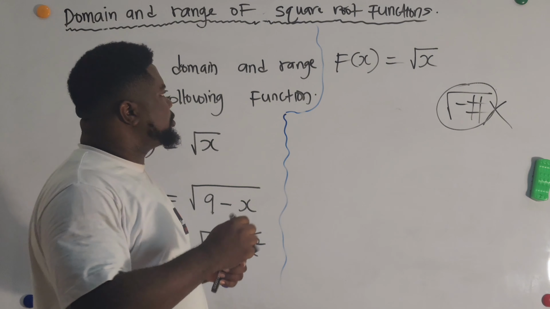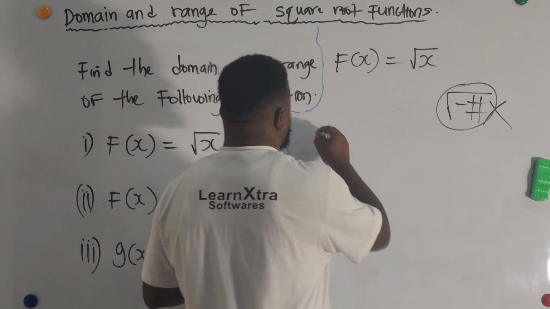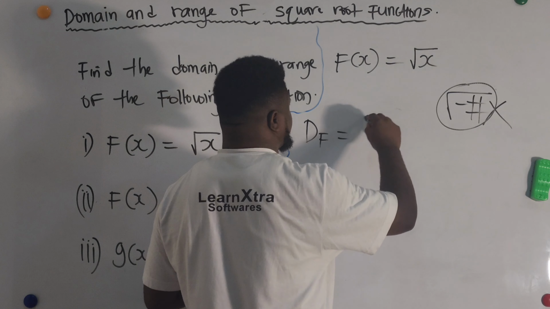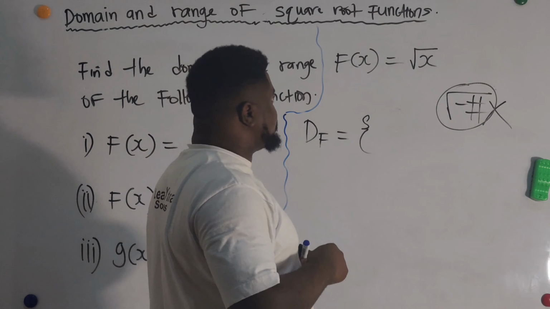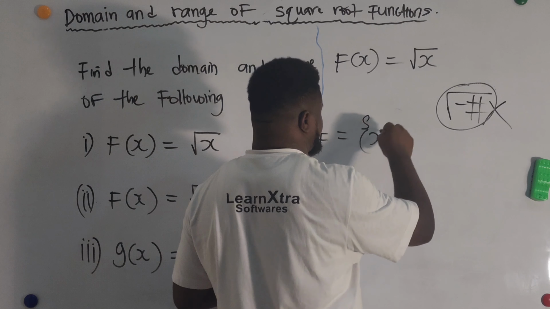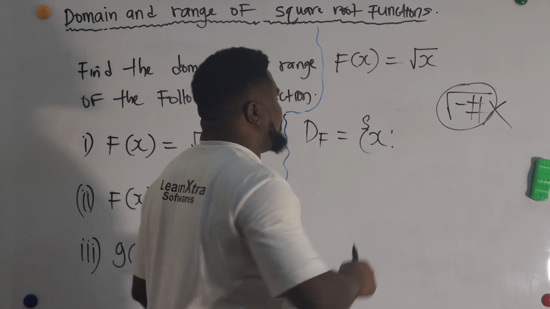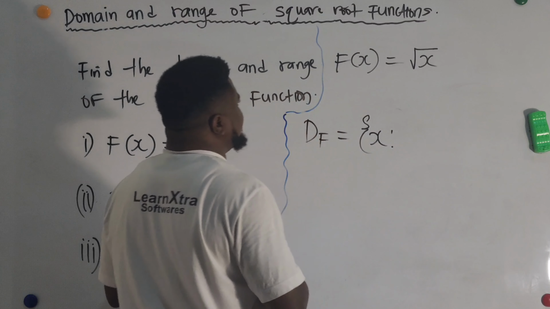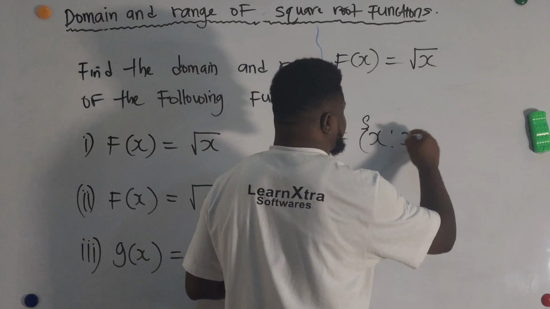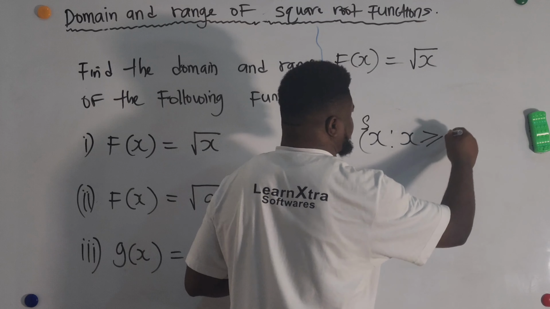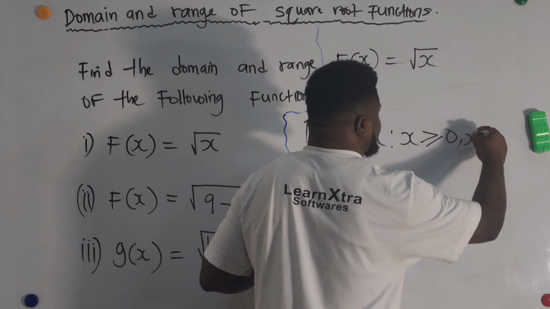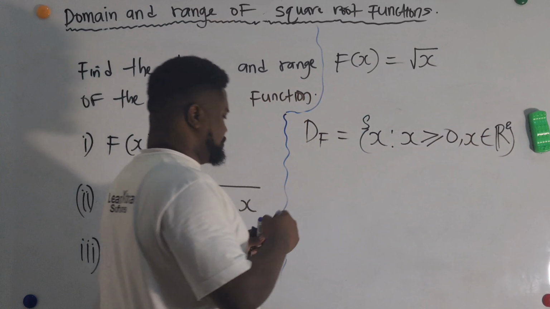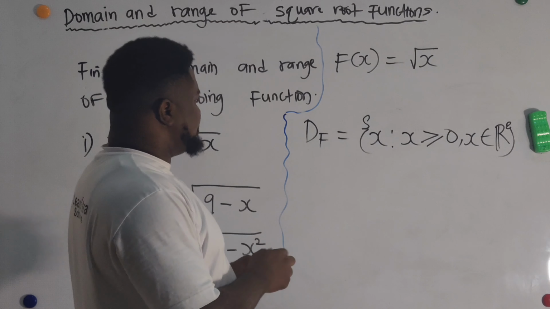So my domain, D sub f, is that the input should be such that our x is greater than or equal to 0, where x is a member of the real numbers. So that's it.